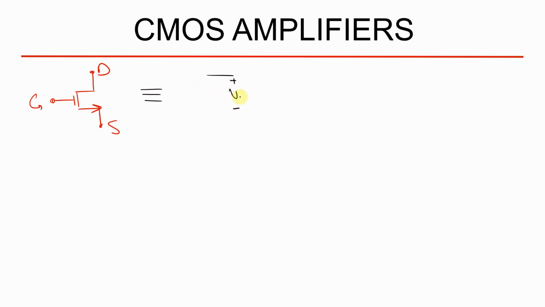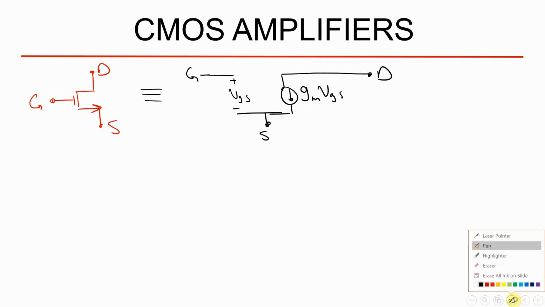This is called VGS, and this is gmVGS for this NMOS transistor. So this is gate, this is source, and this is drain. We use this simple model for a small signal, and what we're looking for in this particular video is how we can define this parameter.